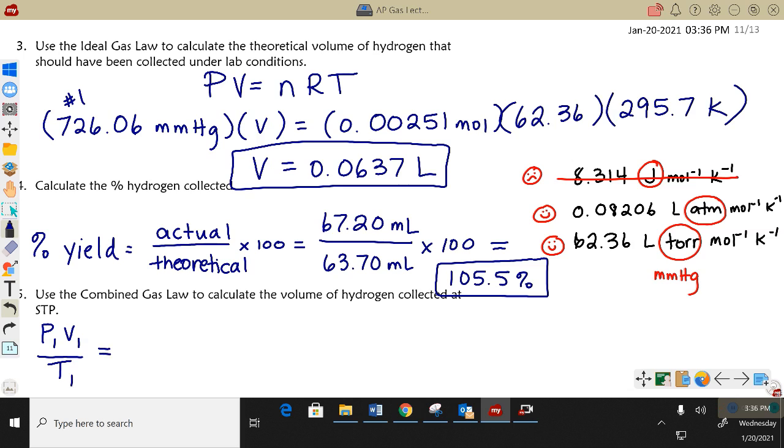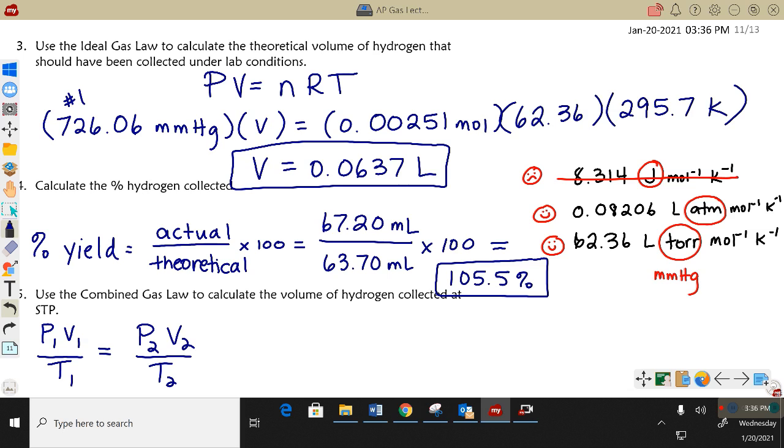That's fine here. I'll show you what we're trying to accomplish with this. Here's what the combined gas law looks like. It's got a little bit of Boyle's law, Charles' law, and Gay-Lussac's law. The whole P1V1 equals P2V2, that's Boyle's law, the inversely proportional relationship between pressure and volume.